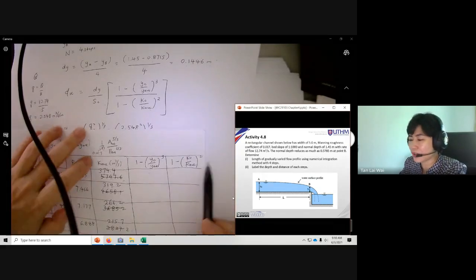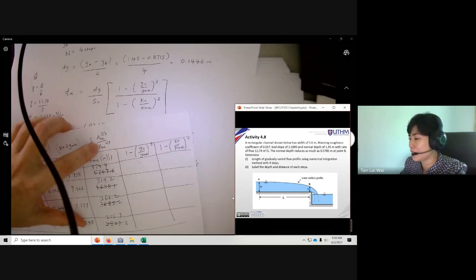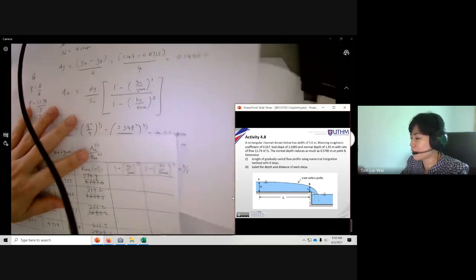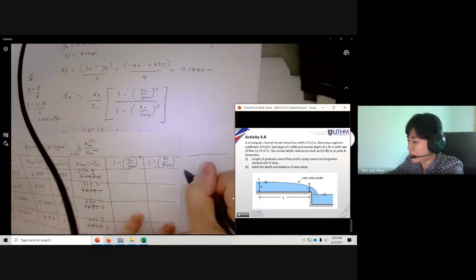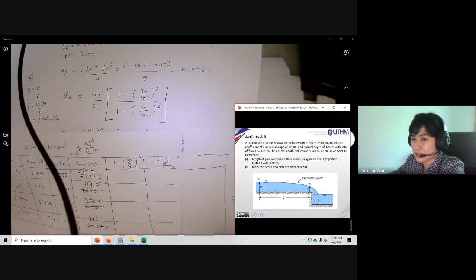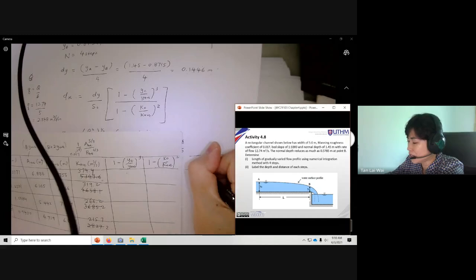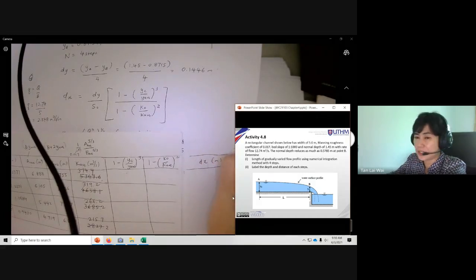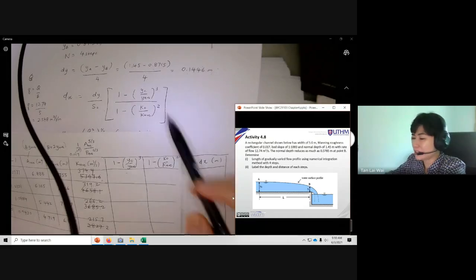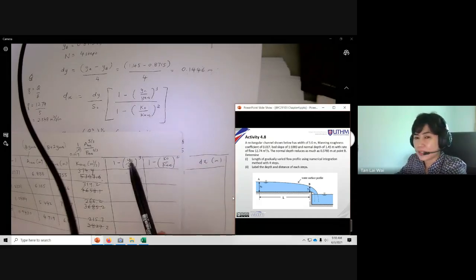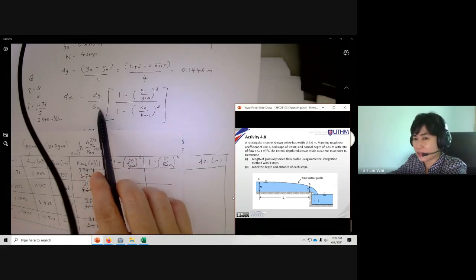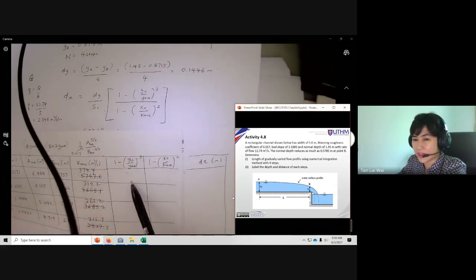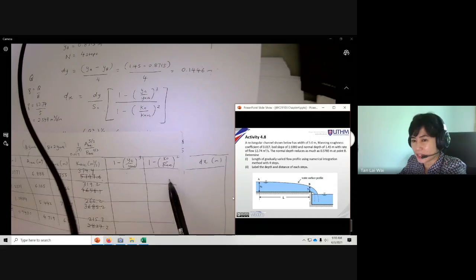Later on, we are going to have the last column, which should be dx, in meter. This dx, I'm going to have dy divided by s naught, times this value divided by this value.